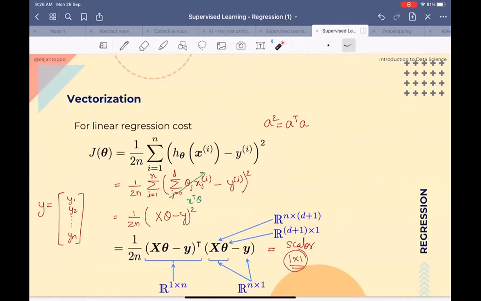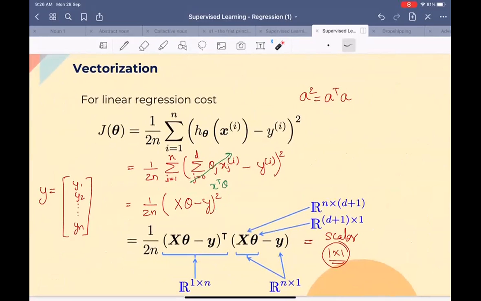Going ahead, we can also vectorize our cost function. Here I've shown how this looks. If we look at our cost function, we can evaluate it by saying that this term comes out to be this summation, and this summation comes out to be x times theta, which we had seen in the last slide. Now, instead of taking the square of this, we can divide this into two parts.